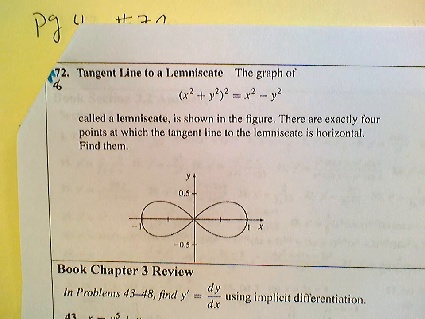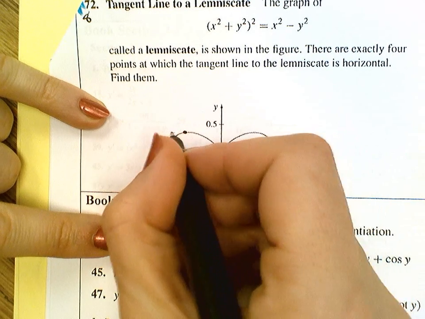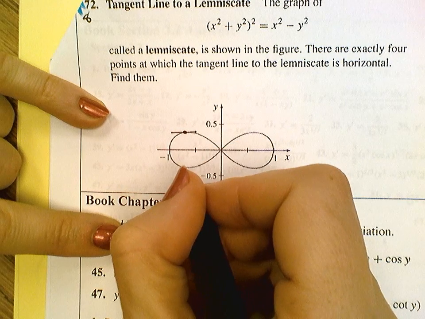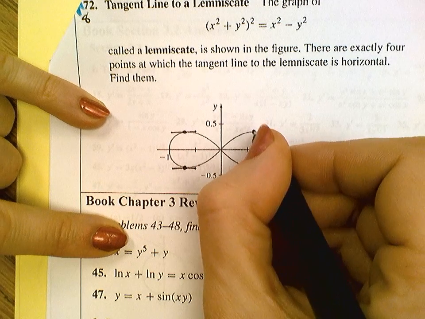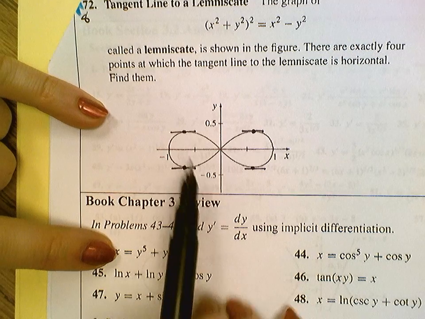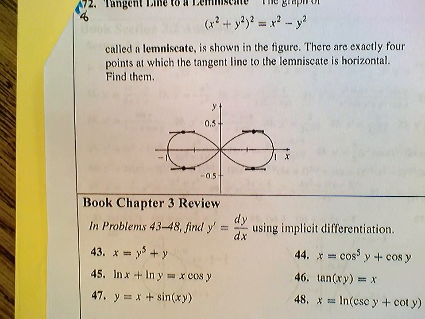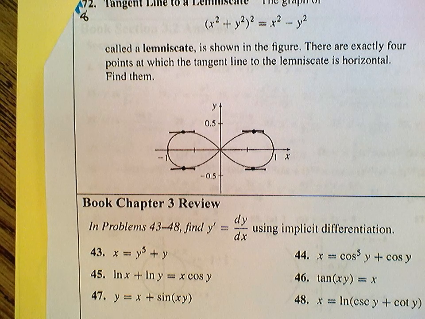Okay, so those would be, like right here we'd have a horizontal tangent, here we would, and there we would. So there you can kind of see where these 4 points are going to be. Just being able to visualize where they are will help you know if your solution makes sense or not.